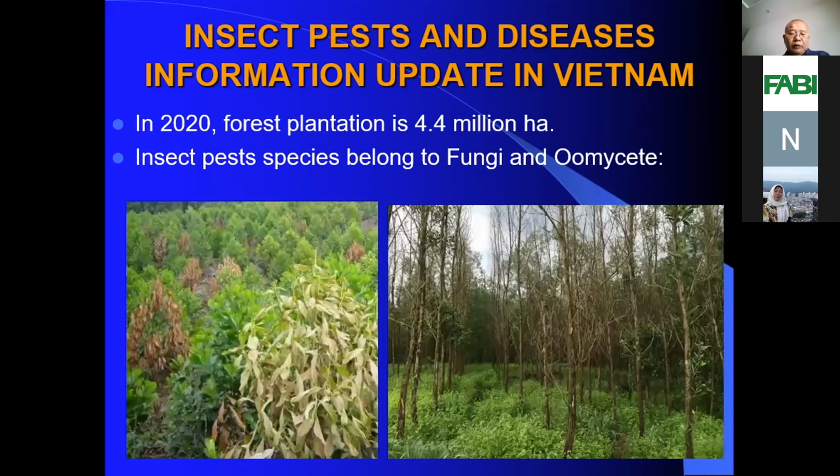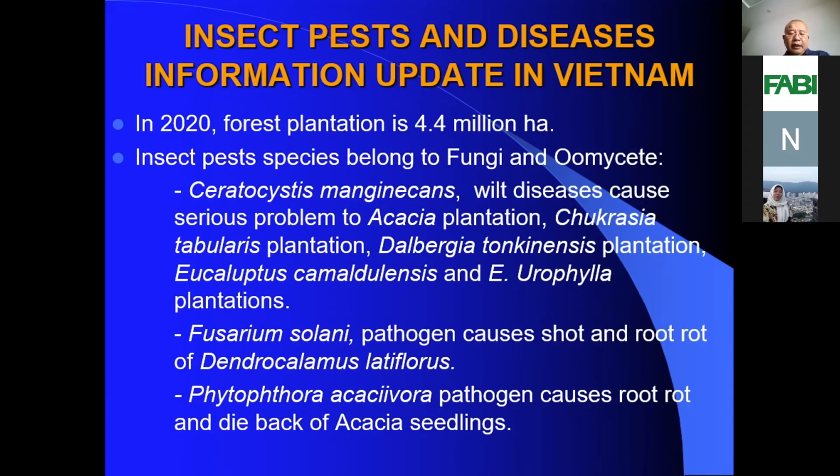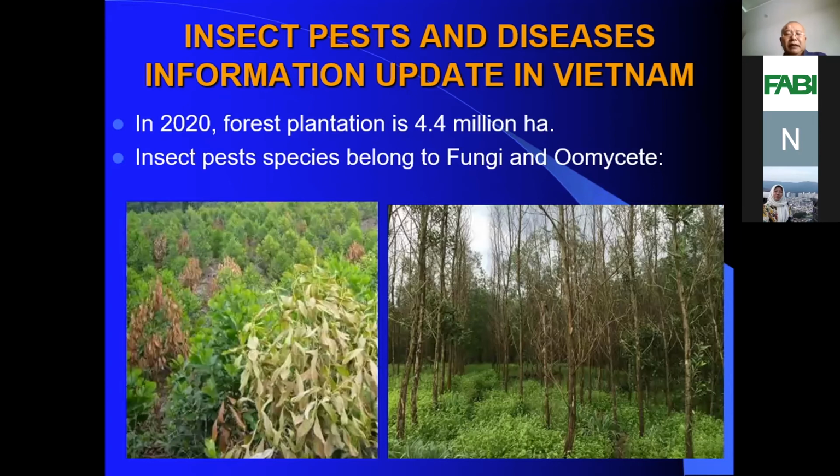This is a pathogen we found very early this year. Here is a picture of Ceratocystis manginecans causing problems in acacia plantations in Vietnam. Here, Fusarium solani causes root rot and shoot rot of the bamboo.